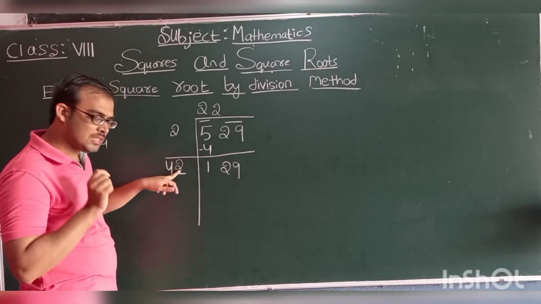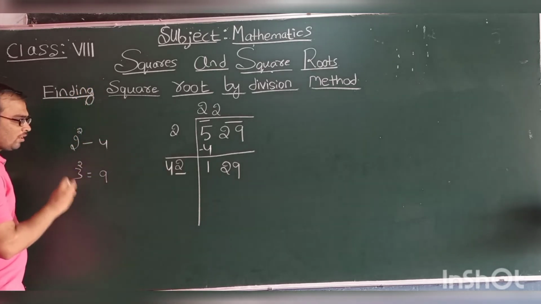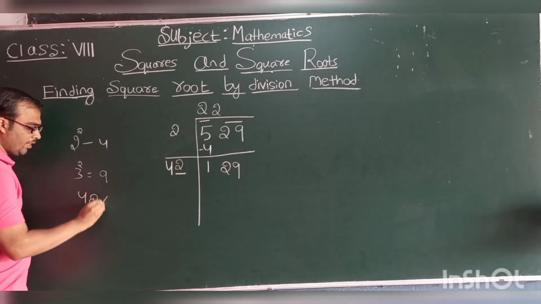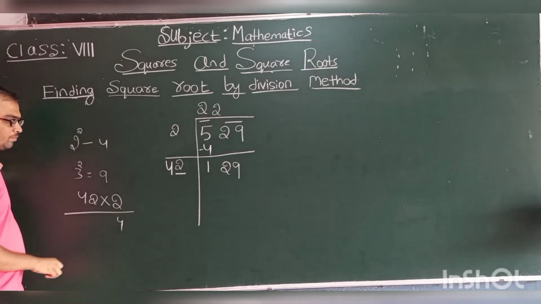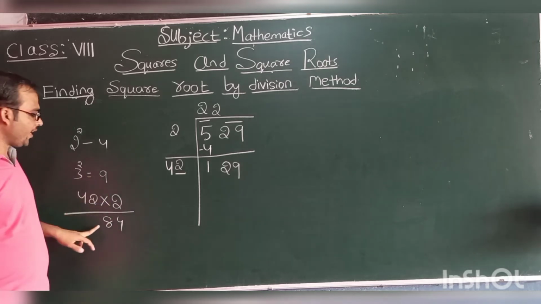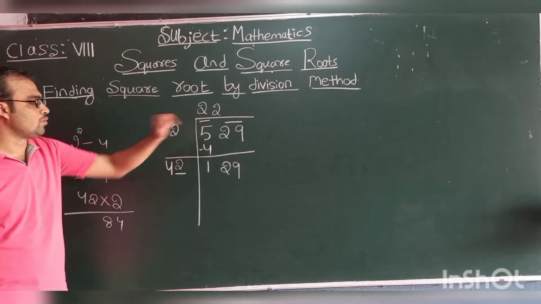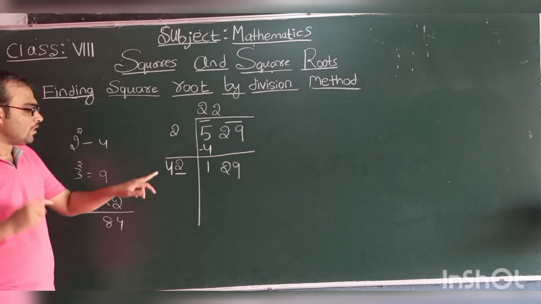Let us check whether it is possible or not. 42 into 2: 2 2s are 4, 2 4s are 8. So 42 into 2 is 84. Now let us try with another number.